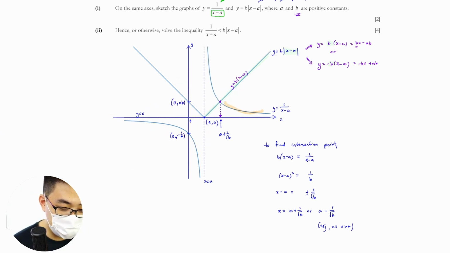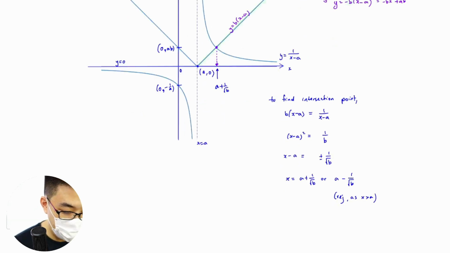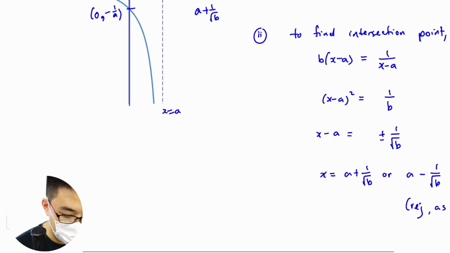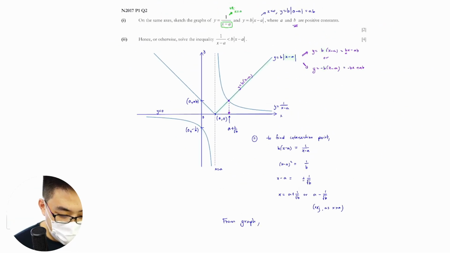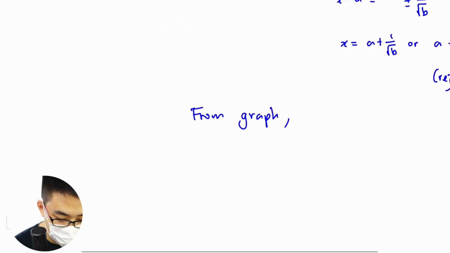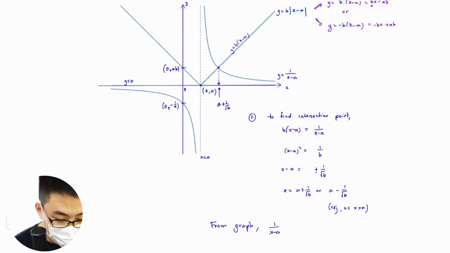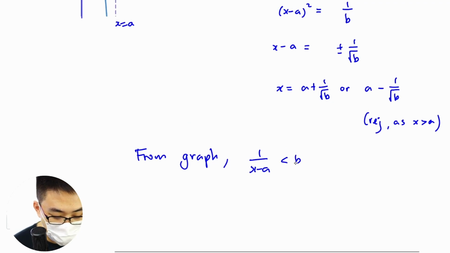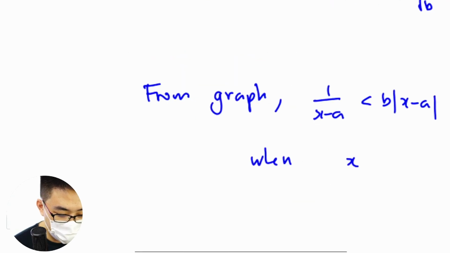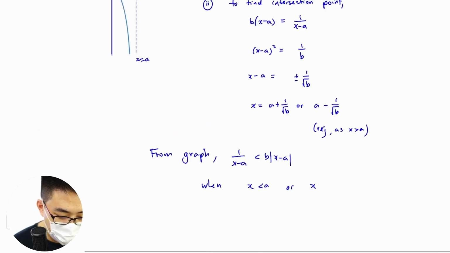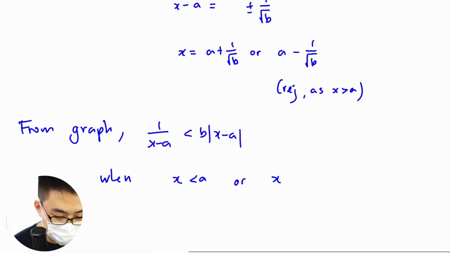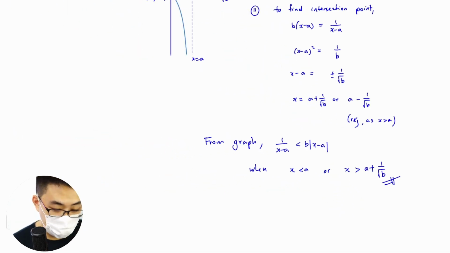So essentially your solution that you're looking at from graph, part 2, from graph, is 0 less than 1 over x minus 2 less than b x minus a when x is smaller than a, or x is, there's no equal sign, x is bigger than a. Okay, there you go. There's your answer there.